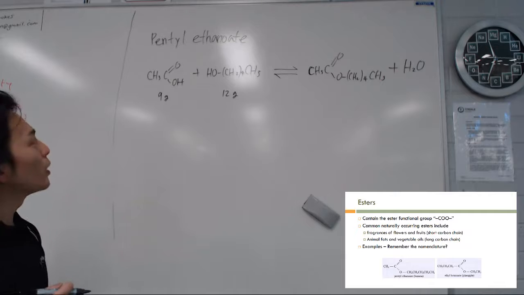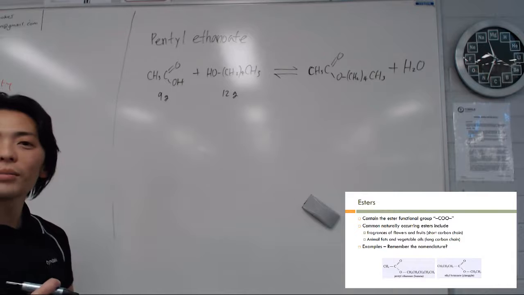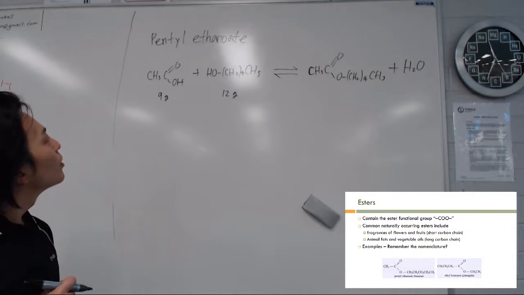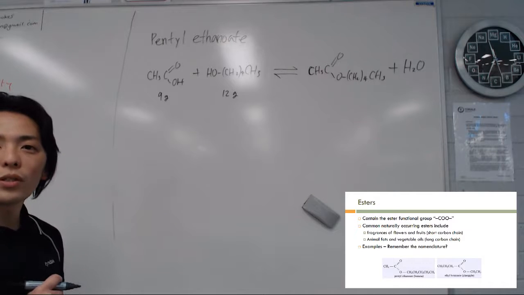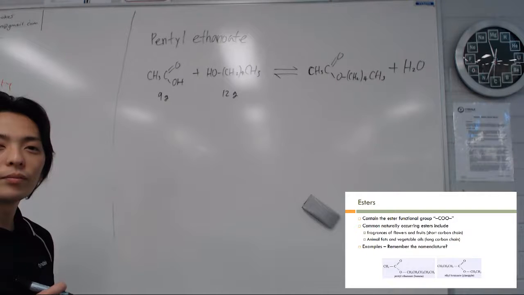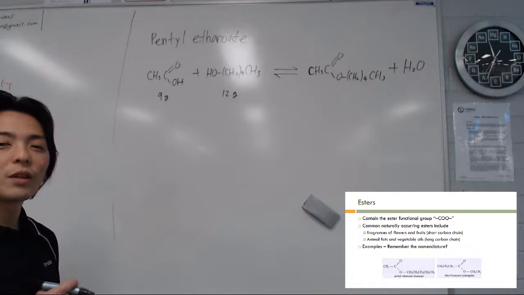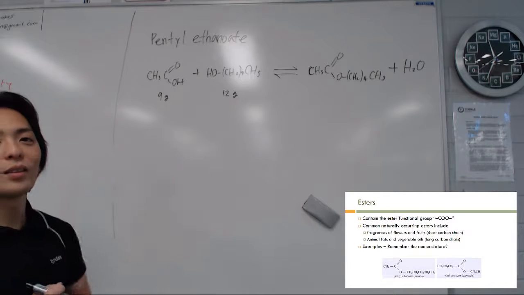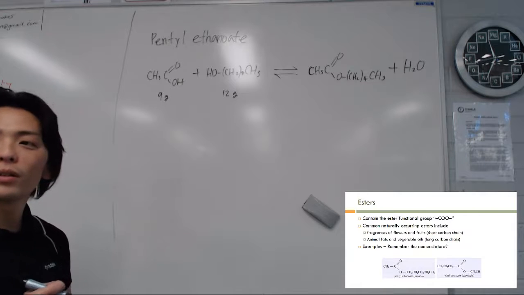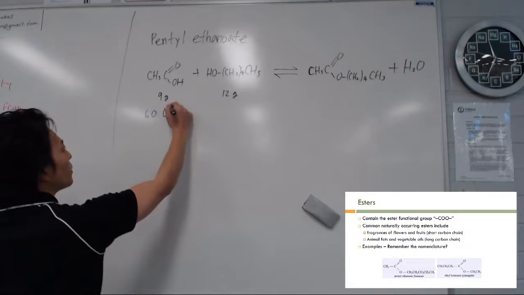So 12.01 times by 2 plus 16.00 times by 2 plus 1.008 times by 4. And if someone can start doing pentanol, pentane 1O, please. 60.05. 60.05? Yeah. Okay.